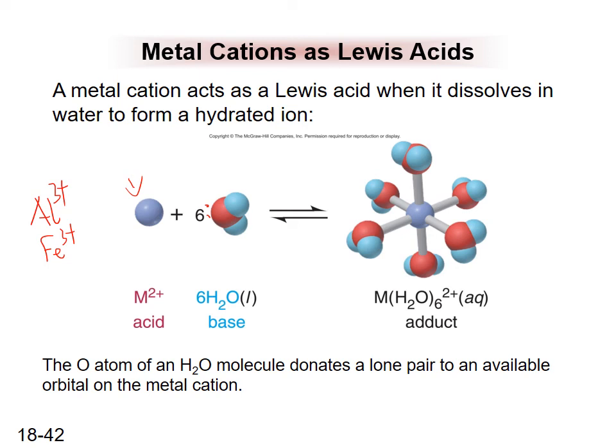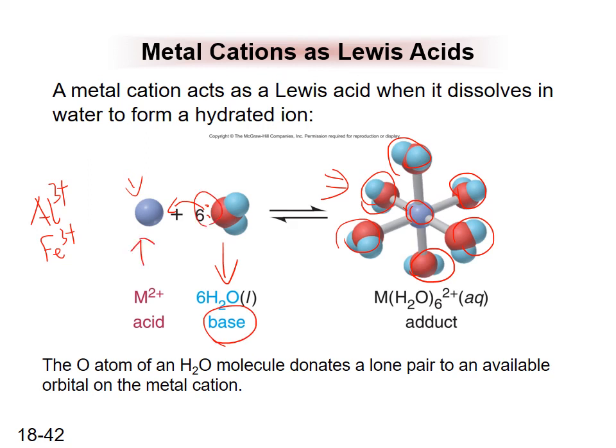So the water donates lone pair electrons to the empty d orbitals of these metal ions and forms a hydrated metal ion complex. In this case it is a metal hexahydrate molecule. So in this reaction, water is considered a base. It provides the lone pair electron, and the central metal ion accepts the lone pair electron. It's an acid.